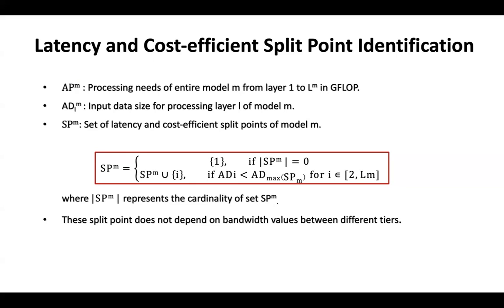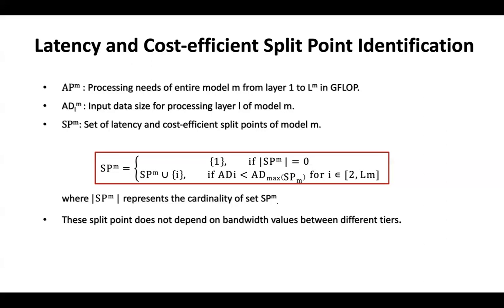Now, ADL denotes the amount of input data that is required for a DNN layer for processing. Let SPM denote the set of these feasible points that we will compute now. First, when there is no point in the set, we just add the first layer of the DNN to this set.